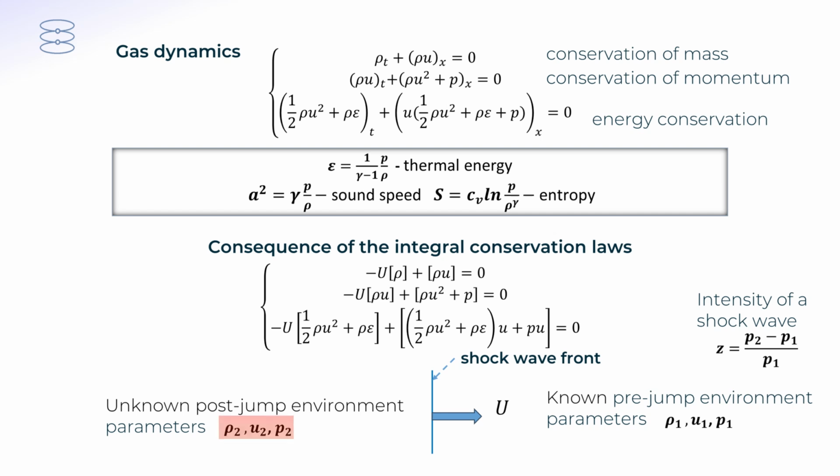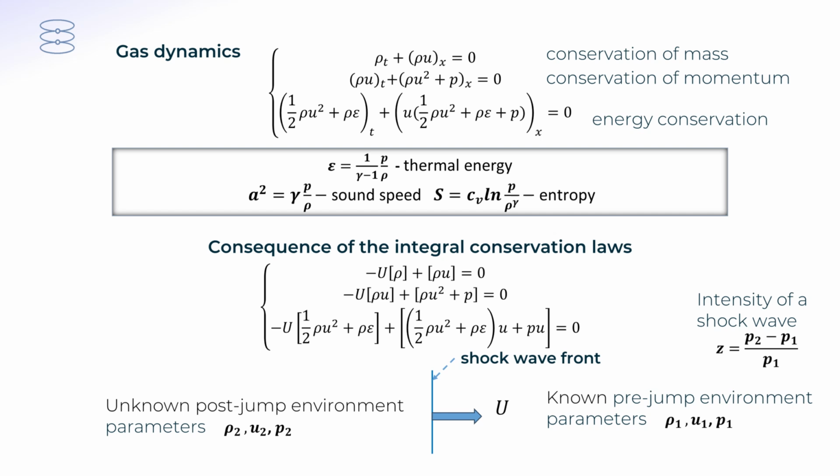So we want to know these parameters if we know these ones. Also, we want to determine the velocity of propagation of the shock wave. But we have to know the intensity of the shock wave. So if we know the pressure after the shock wave, we know the intensity of the shock wave.